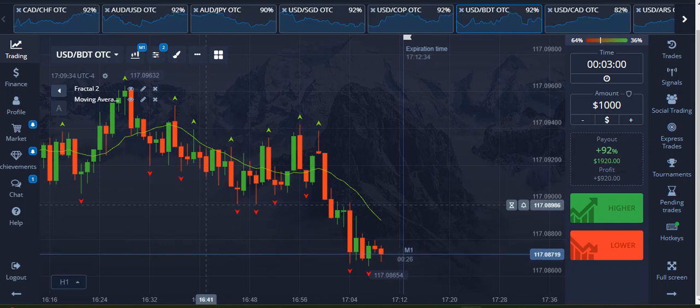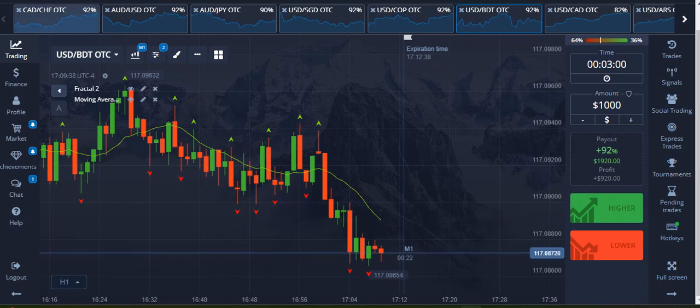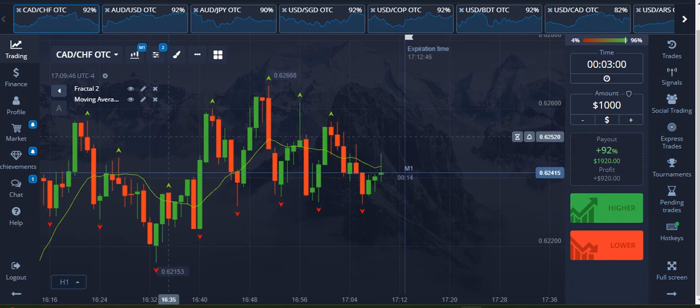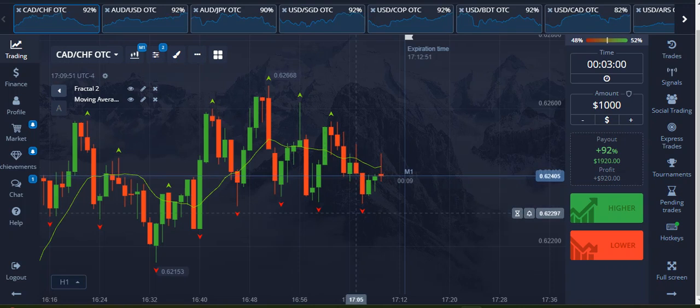We're looking for ranging pairs, pairs where there's no identifiable trend. This is an example here. Canadian Swiss franc. Fractal already formed, so we missed that.